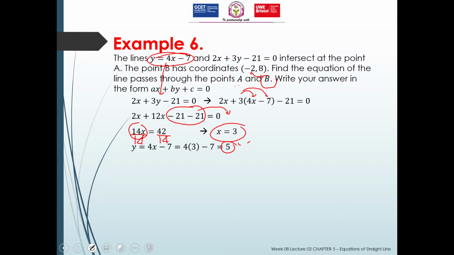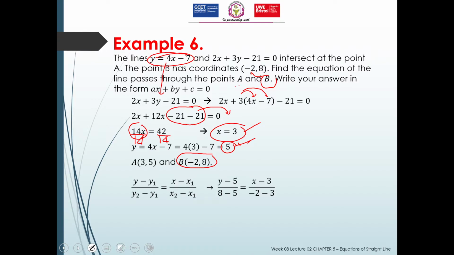So x equals 3 and y equals 5 are the coordinates of point A. We now have point A with coordinates 3, 5, and point B with coordinates negative 2, 8, which is again given.